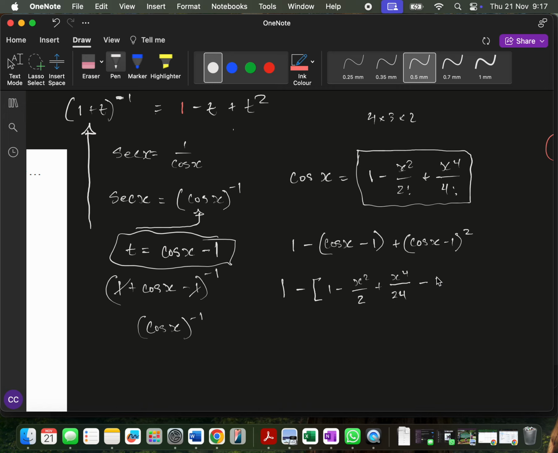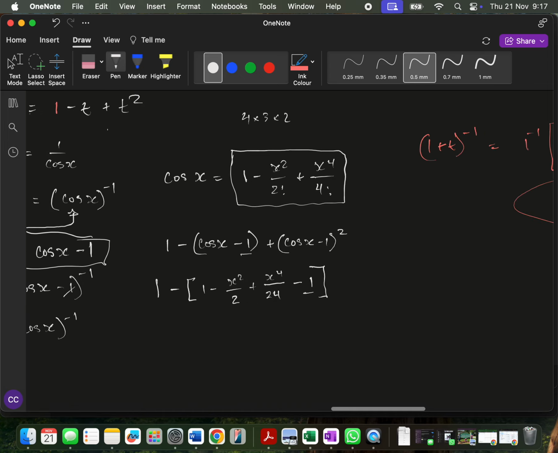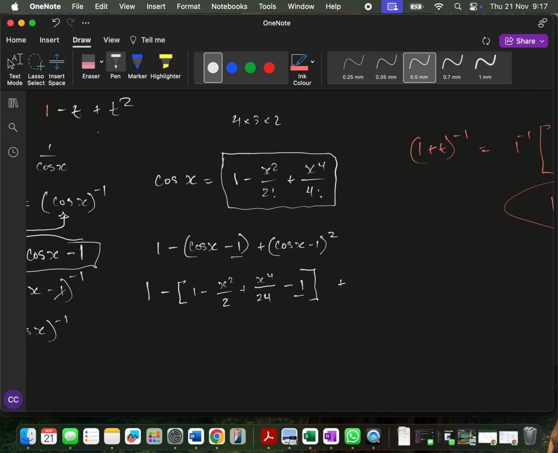And then taking away that 1 at the end. So I'm matching there and there. And then I'm going to add to that 1 minus x squared over 2 plus x to the 4th over 24 minus 1, and then I'm going to square that.